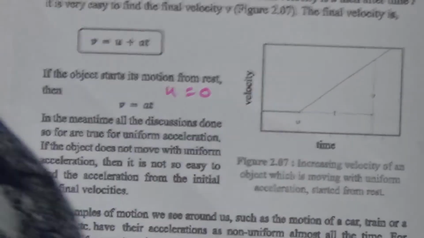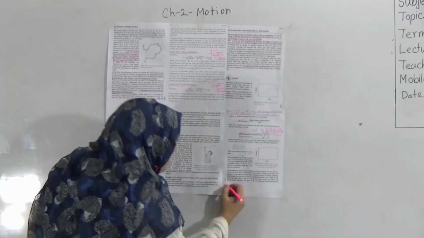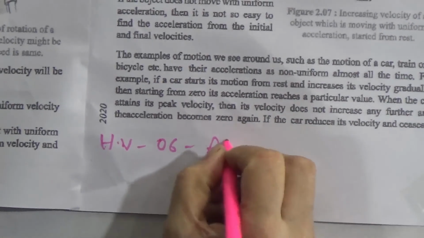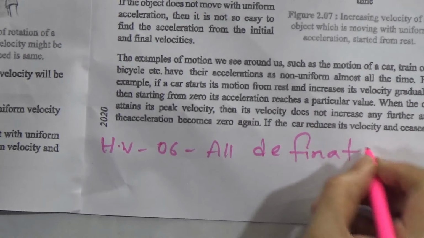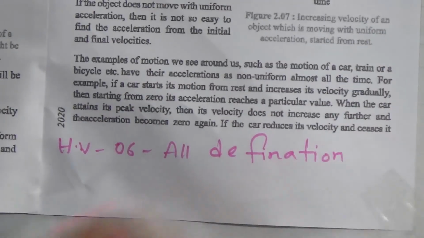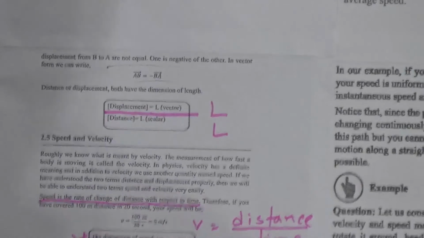My dear students, hope you have understood our today's topic. I will give you homework now. Your SW will be today's SW number 6, and it will be all the definitions from this lesson: what is distance, displacement, what is speed, velocity, what is acceleration and deceleration.